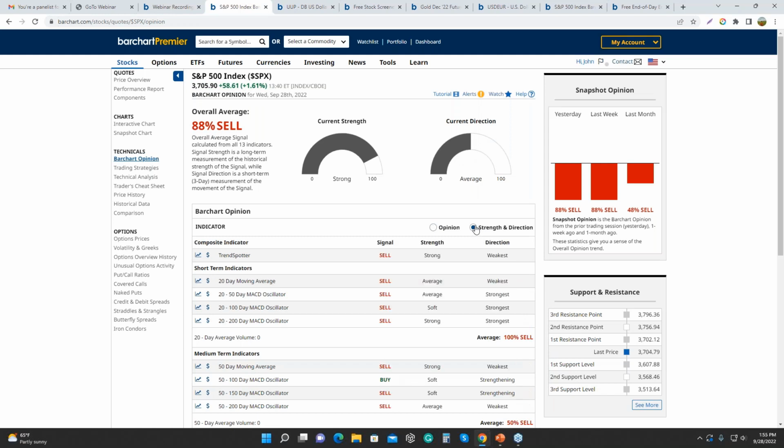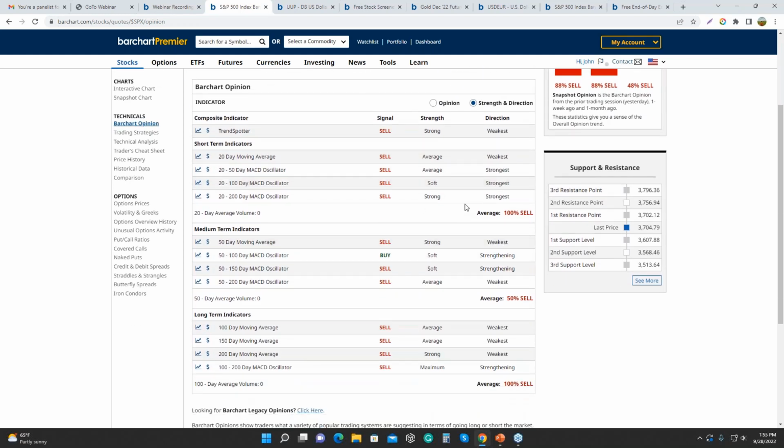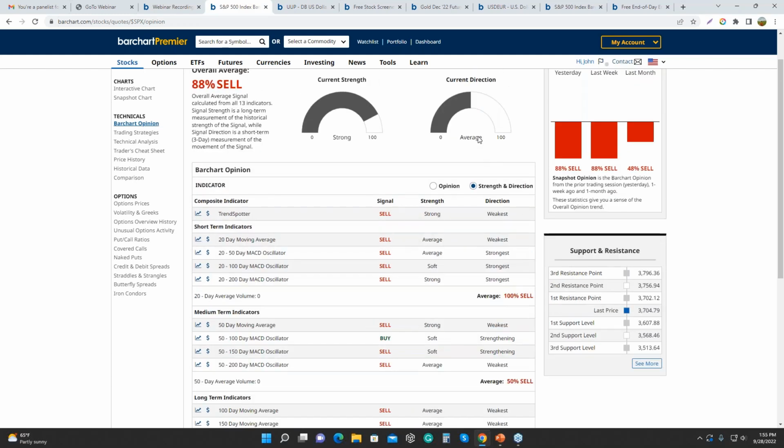If we look at strength and direction, what do we see? We see that some of the momentums in some of these indicators are the weakest. So what you're probably going to see here is about half weakest and half strongest. If half are weakest and half are strongest, that's going to give you an average direction.